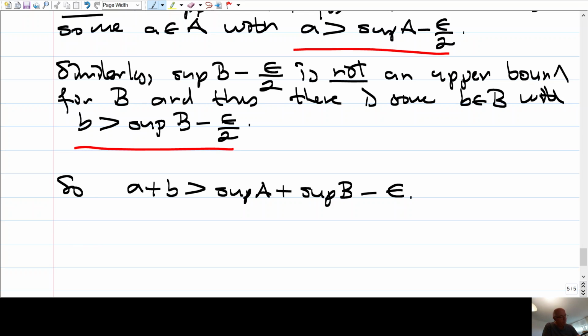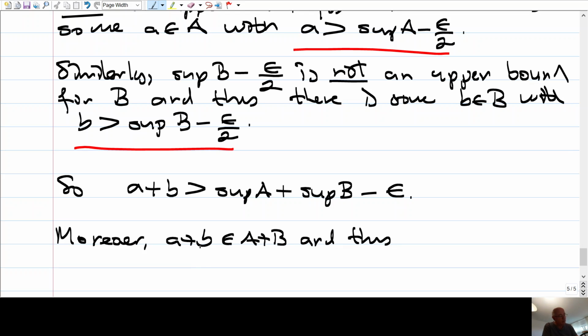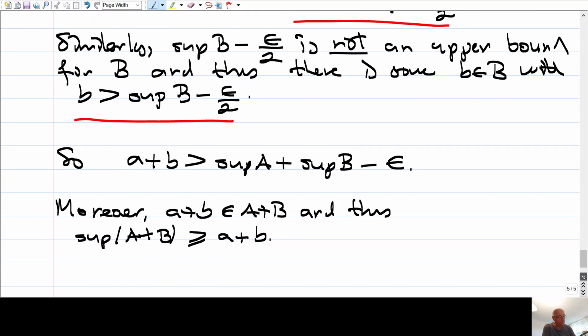Moreover, a plus b, because a is from A, b is from B, so this is an element of A plus B, and thus supremum of A plus B is larger than or equal to a plus b, right? Because it's the supremum.